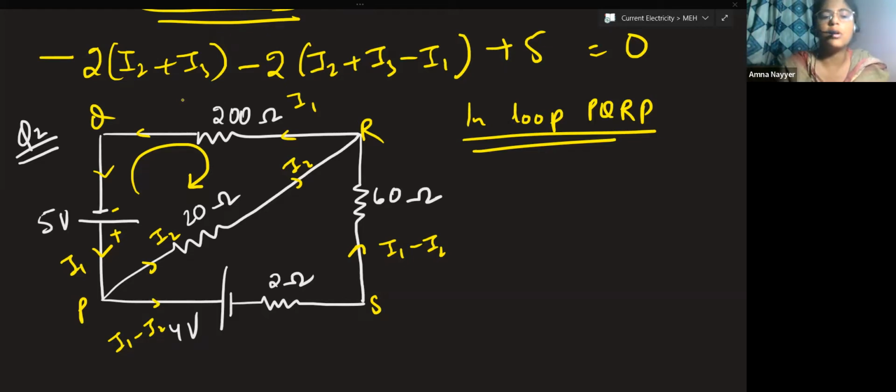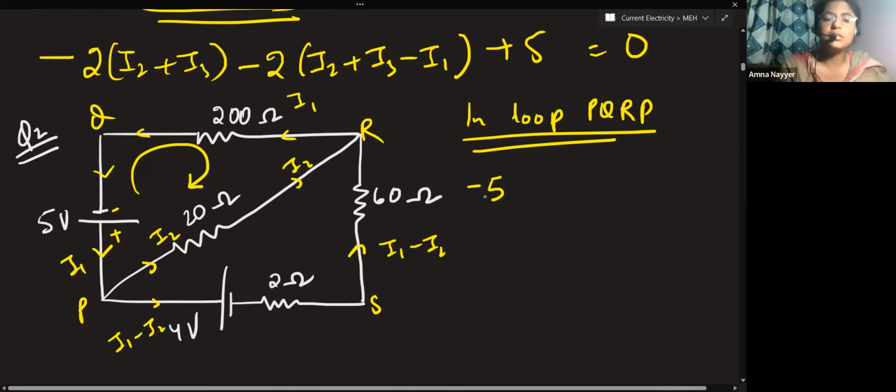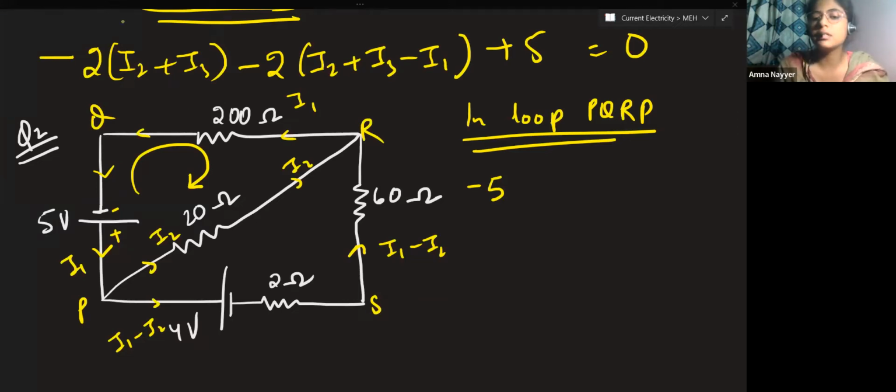Minus 5I1. Minus, not I1, Fahad, that's the voltage given to you. So voltage is already there. So only minus 5. We write the voltage's value, and if we move from the positive to negative, that becomes what? It basically becomes negative. Now let's move here. So are we moving along the current or opposite to the current?